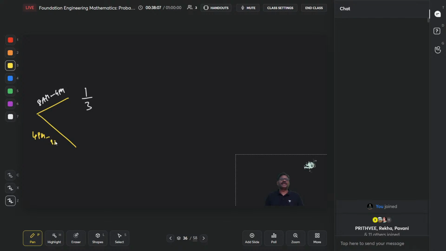From 4 p.m. to 8 a.m. is 2 by 3. Now, the case may be attended by the assigned doctor or not the assigned doctor.